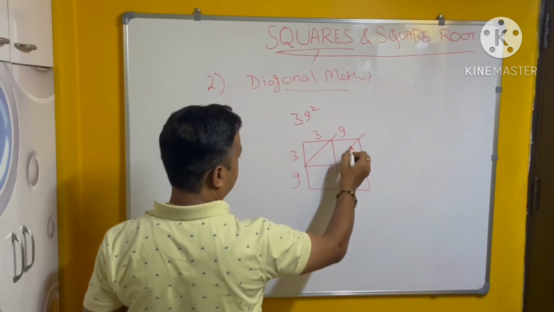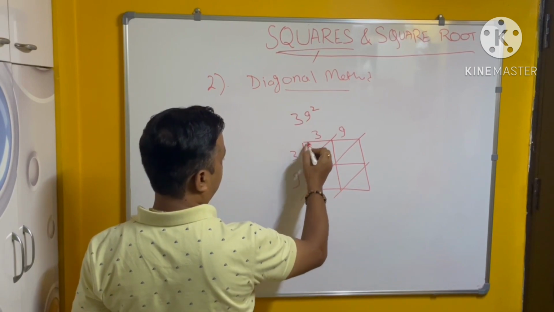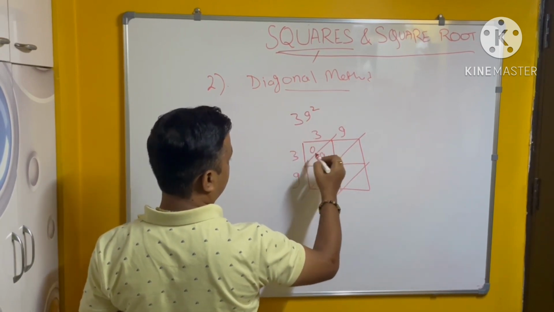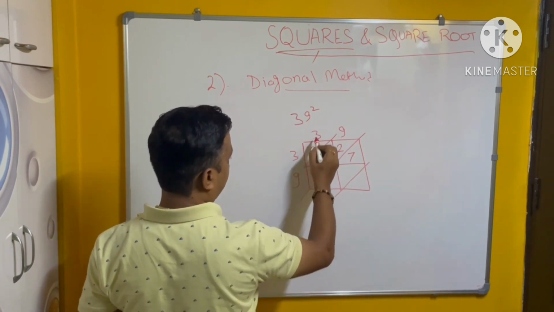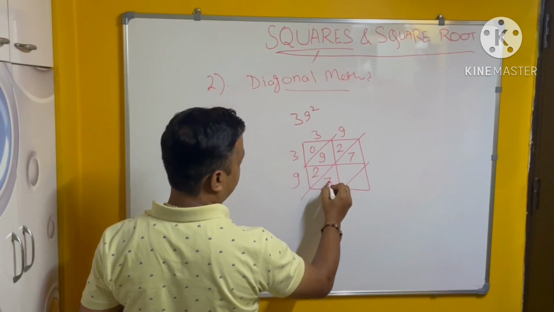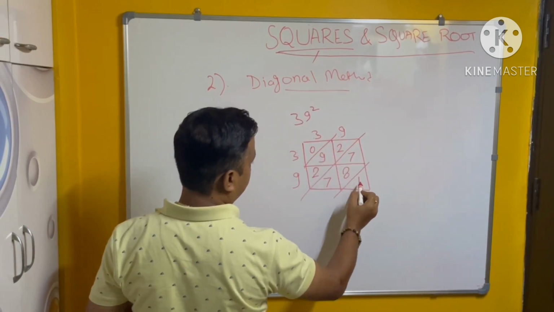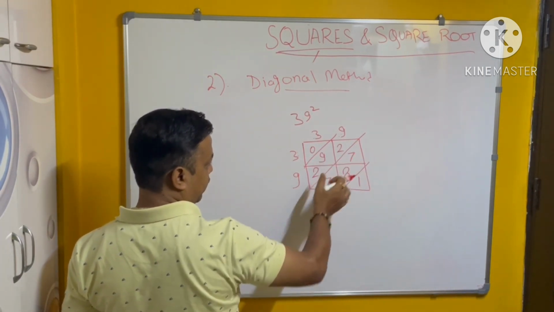Divide this diagonally. The product of this and this is 0, 9. The product of this and this, 27. This and this, 27. This and this, 81. Sum all these diagonals.